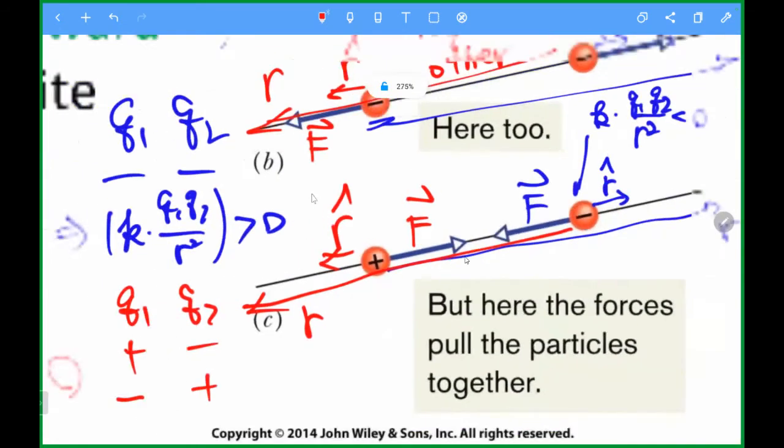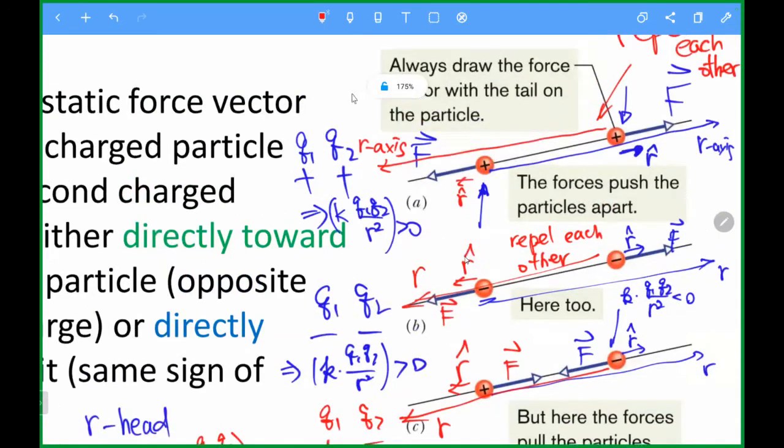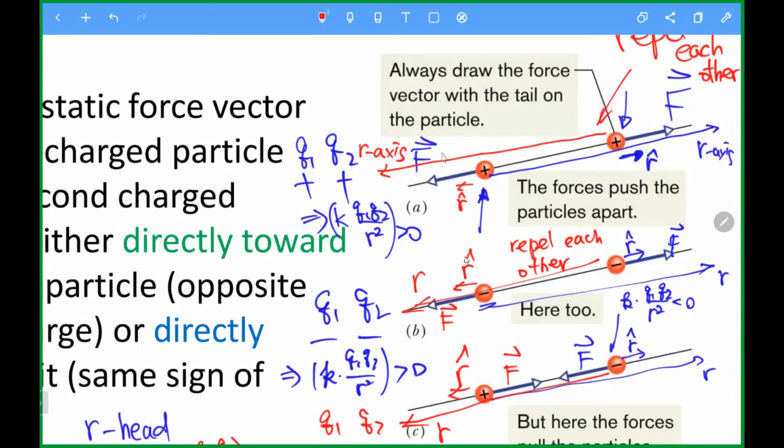So the axis for the three cases doesn't change, but within the same case, the r axis points in the opposite direction. For the right charge, r hat points to the right side. For the left charge, r hat points to the left side.